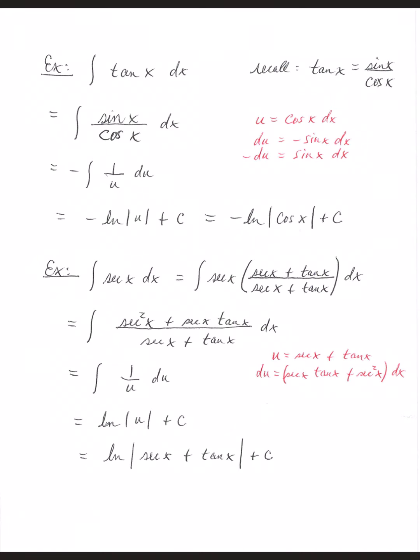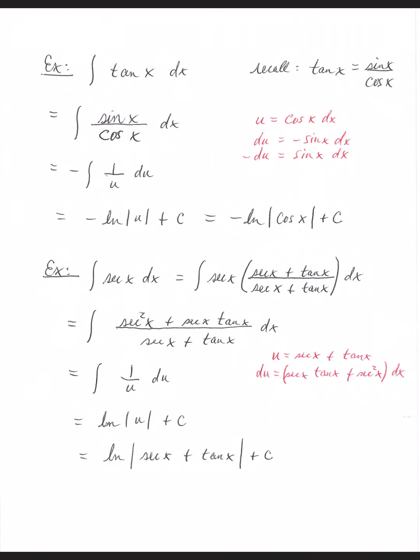Let's look at the integral of tangent x dx. Recall from your quotient identities that tangent is sine over cosine. That allows us to rewrite tangent x as sine x over cosine x. Well, what's the derivative of cosine x? It's negative sine x dx. And I'm going to move the negative over.